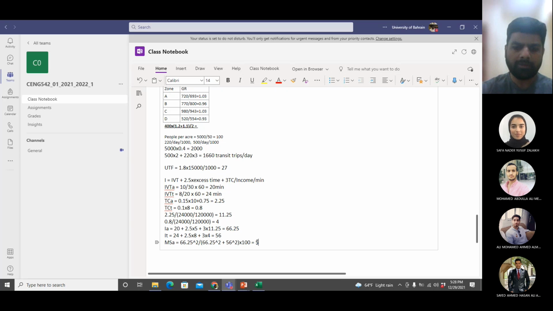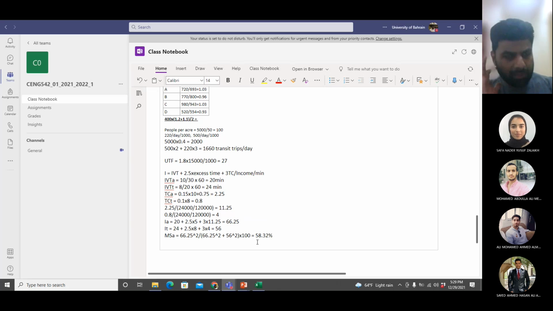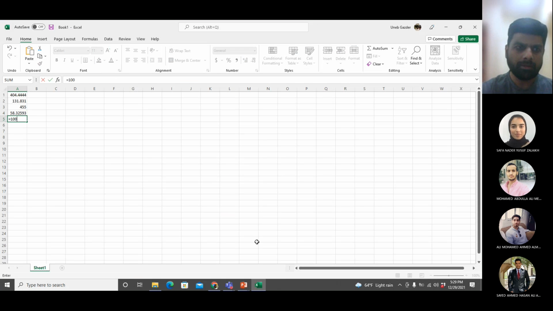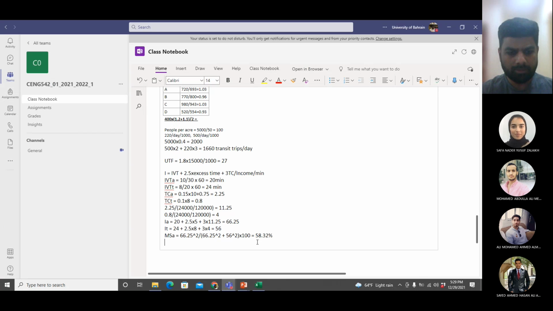So 58.32% will take the auto mode, automobile, and the remaining will be 41.67%.